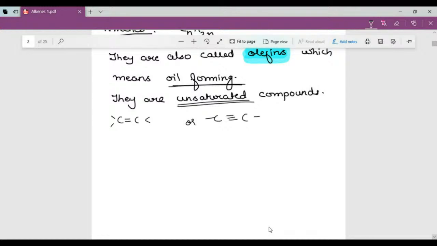So, after identifying that a given molecule has C double bond C or a triple bond C or both, the next step is whether it could give electrophilic addition reactions or not. To confirm that a given compound is unsaturated, besides this condition, it should also be capable of giving spontaneous or preferred reactions such as electrophilic addition reactions.